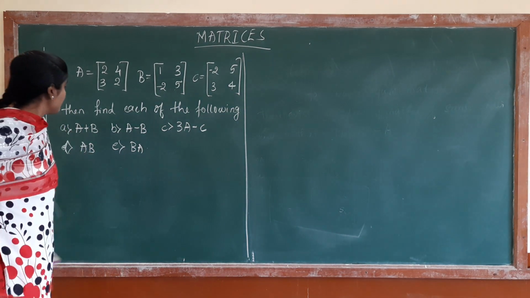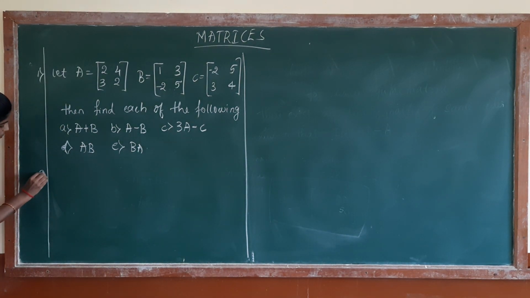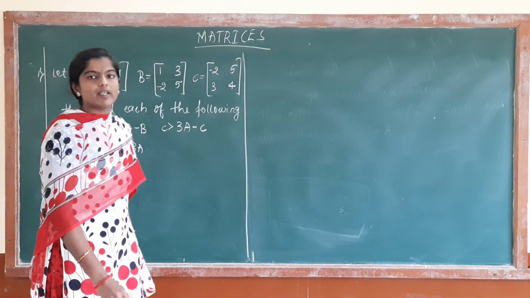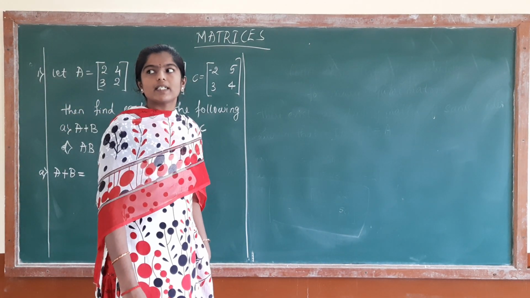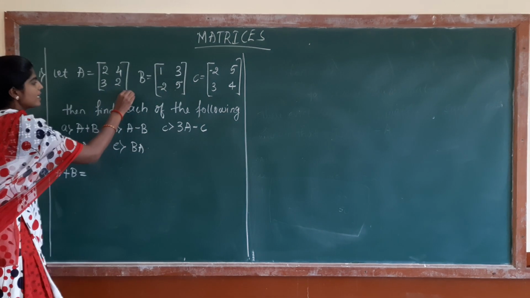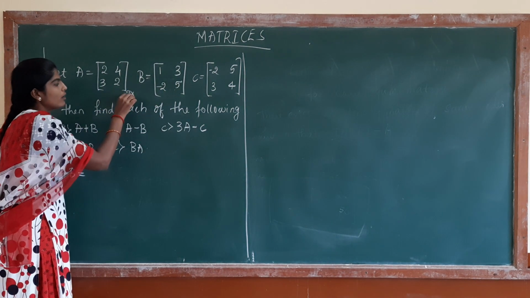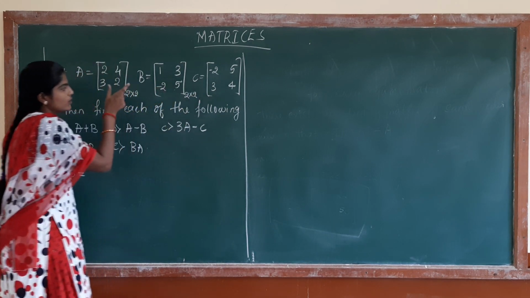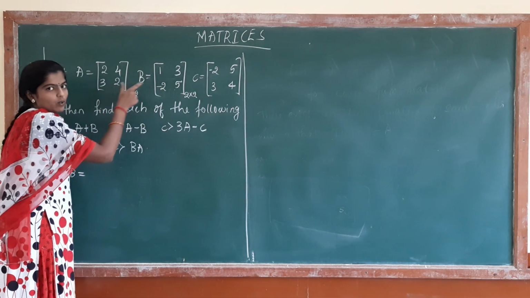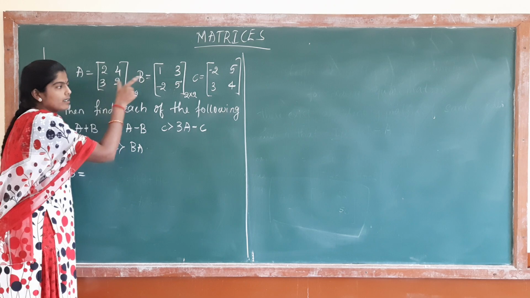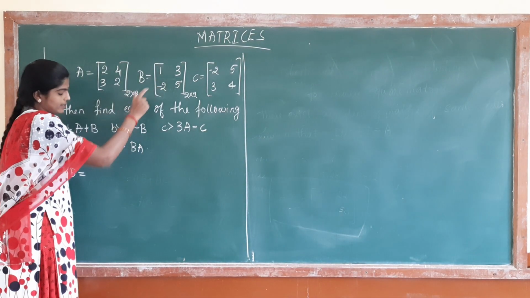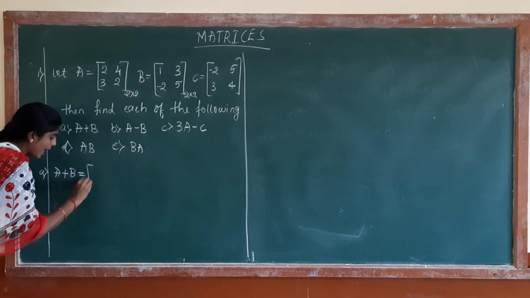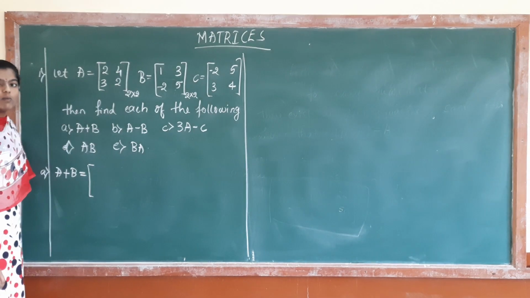If you consider the first one, A plus B, we know matrix addition is possible only when the two matrices have the same order. Here matrix A has order 2 cross 2 and matrix B has order 2 cross 2. So these two have the same order, and we can add them. While adding, we have to add the corresponding elements of the two matrices.